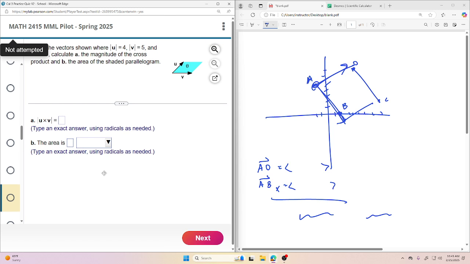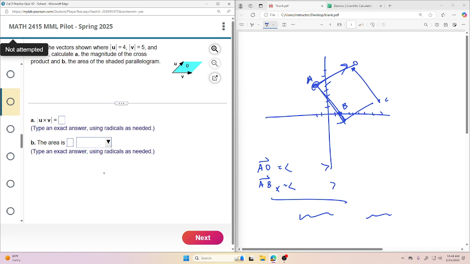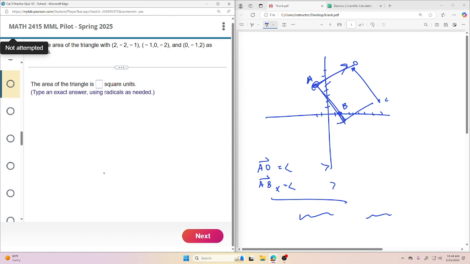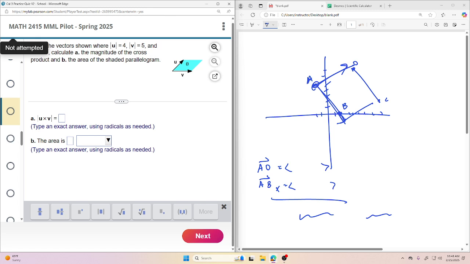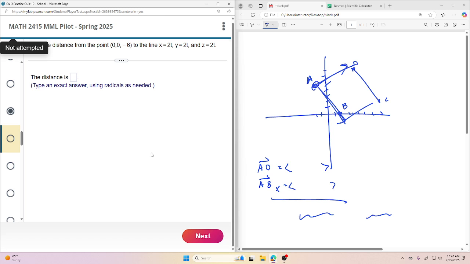Surely, is there like a... Oh, see, it's covering that up. Yeah, well, that would have helped me. It won't even let me do that. I am attempting it. Look, units, so many units.